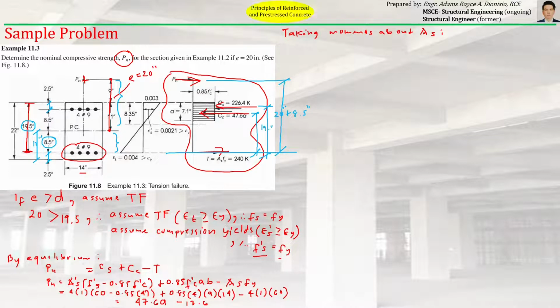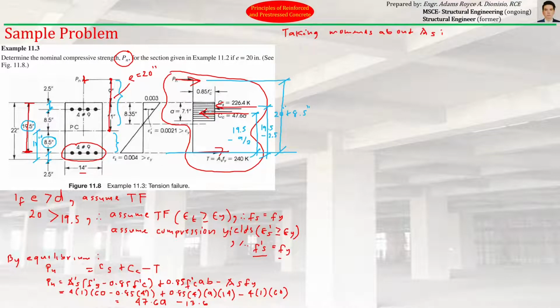Yun lang yung moment arm niya. And lastly, yung CC, that will just be the effective depth, 19.5 minus half nung effective depth. I mean, nung compressive depth. Yung compression na block. Half ng compression block.